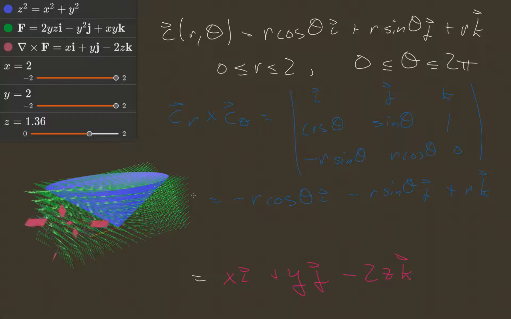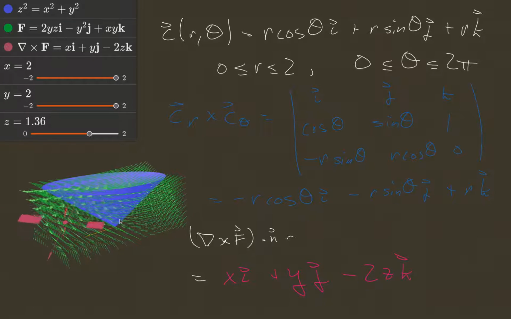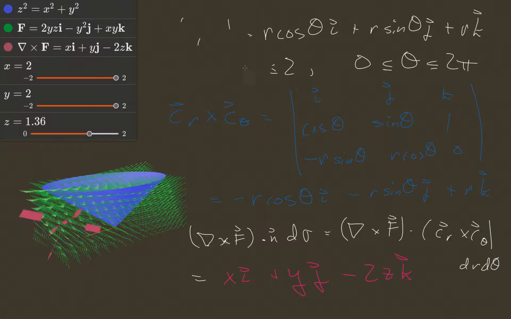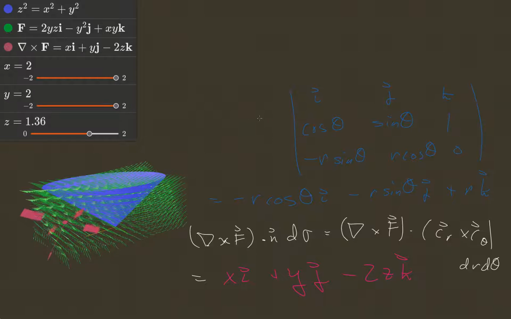Now, we recall that when we have a parametric surface, we found that the integral of curl of f dot normal d sigma was equal to curl of f dot c_r cross c_theta dr d theta. So we just need these two things.